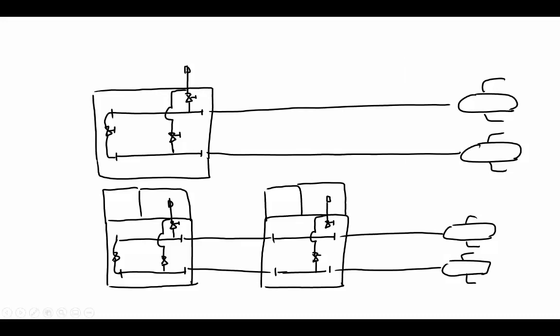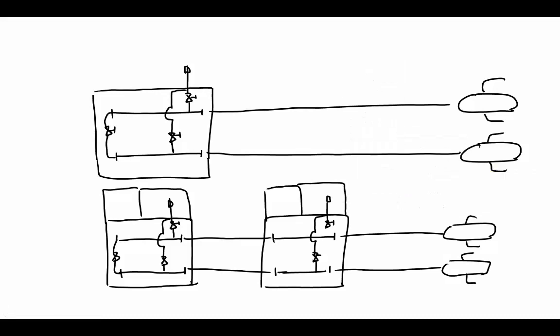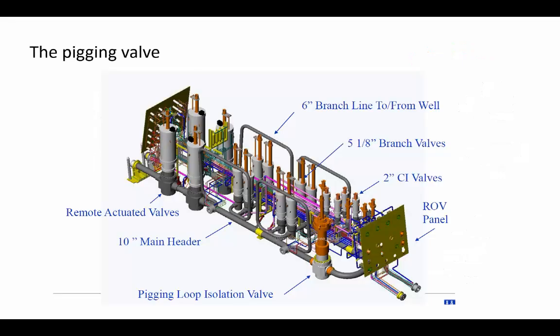Let's make a comment here that this is on the platform. And you see now the purpose of that pigging loop isolation valve simply is to allow it to open for the pig to pass.